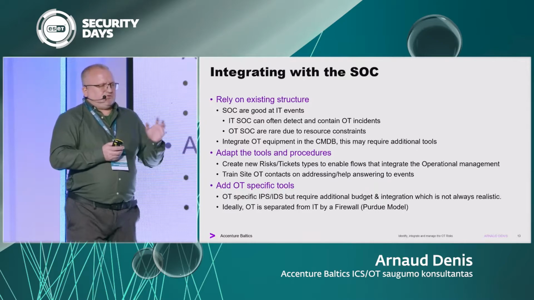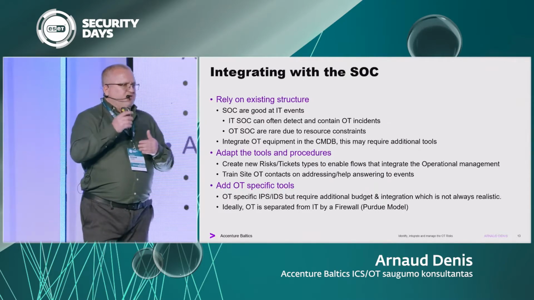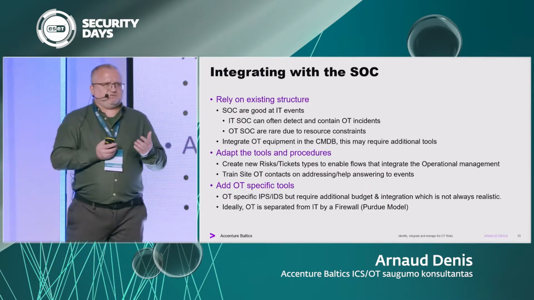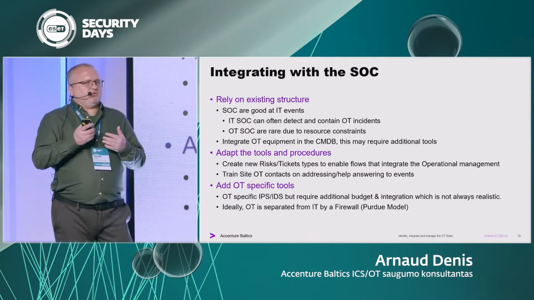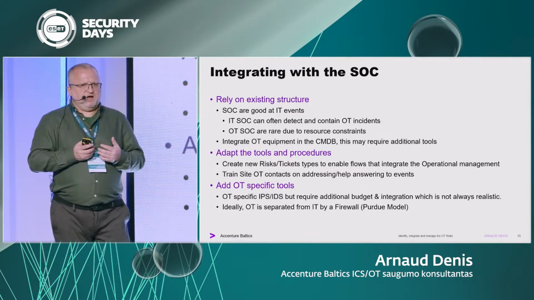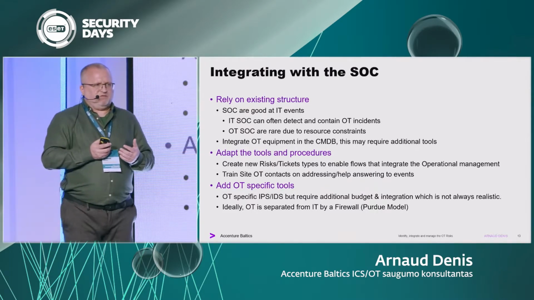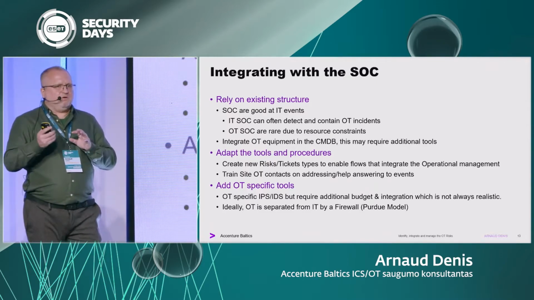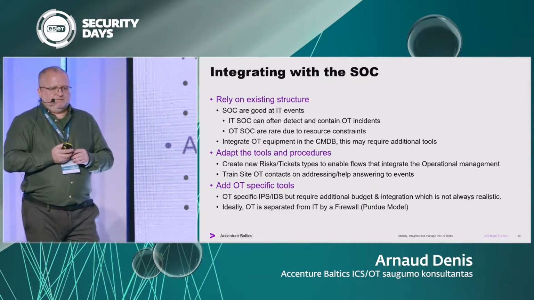Unless you have that, I would strongly suggest a firewall, at least between your IT and OT if you can. And then for the other tools, it really depends on how much OT or industrial control system you have. May not always be worth it. But at least try and make sure you detect anything new or understand what's going on there as much as you can.